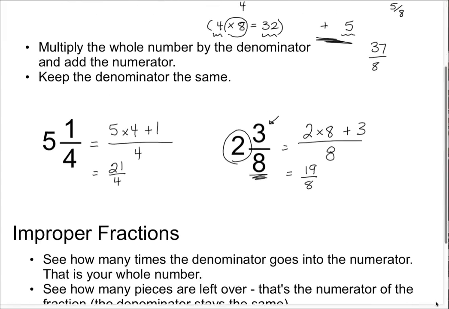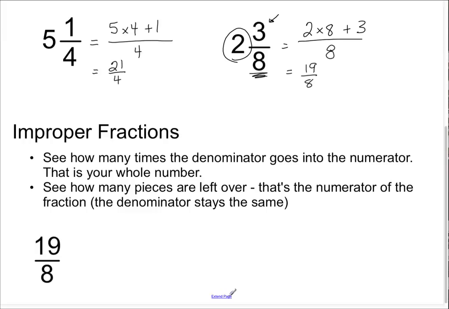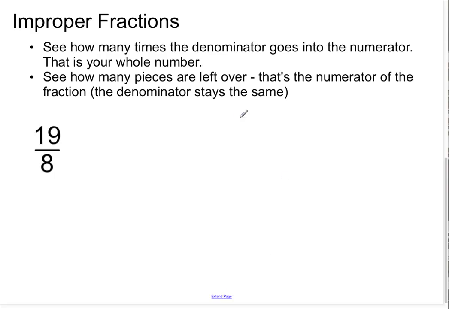Now, what do we do with these ones down here for improper fractions? Well, we're going to do what we did before. We want to see how many times the denominator goes into the numerator. So I'm going to do that by drawing them out. So I've got a piece here. We got to split it into 8s. 1, 2, 3, 4. We'll split that all into 8. So I've got 8 pieces here. I need more because I got to get to 19.